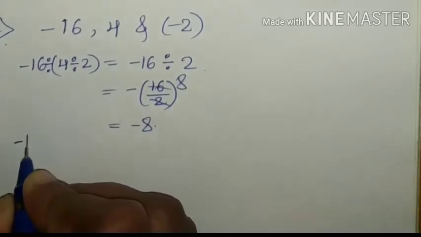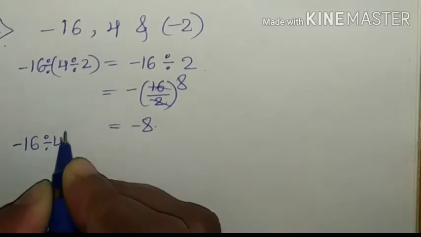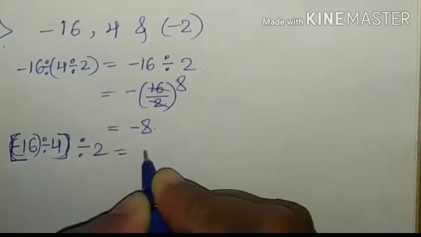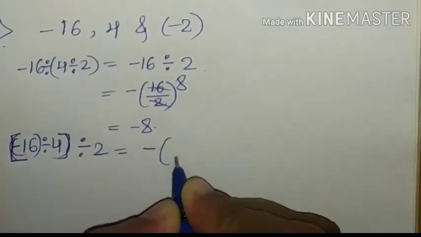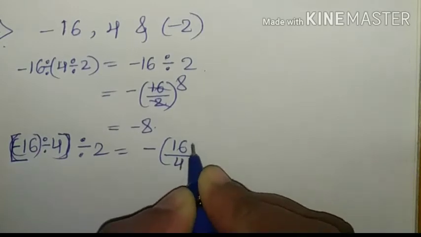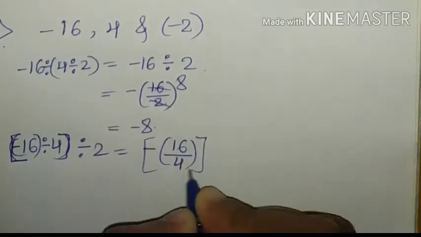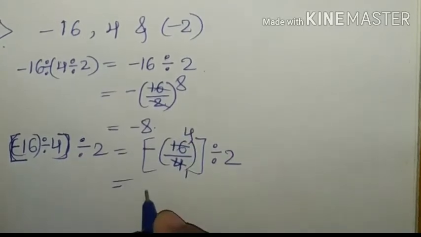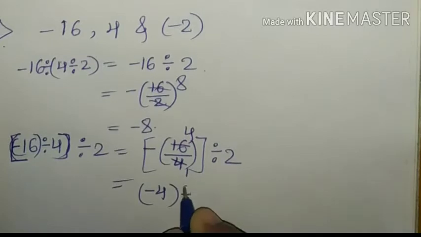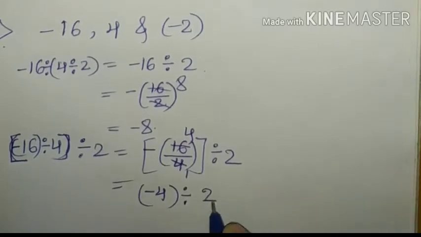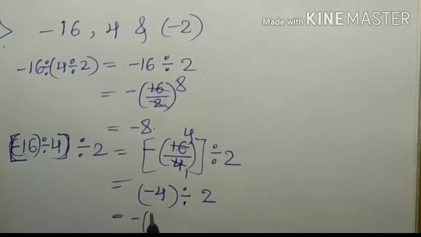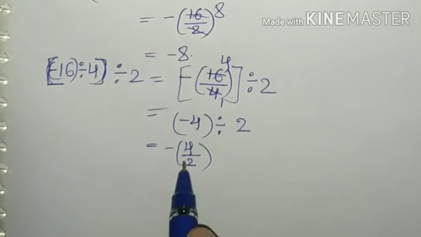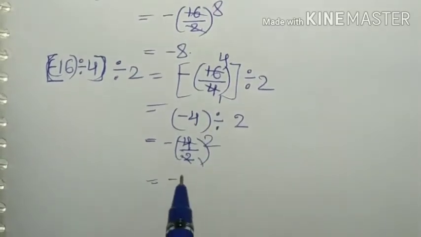Next, (minus 16 divided by 4) divided by minus 2. Minus 16 divided by 4: 4 fours are 16, so it is minus 4. Then minus 4 divided by minus 2: 2 twos are 4, so it is 2.